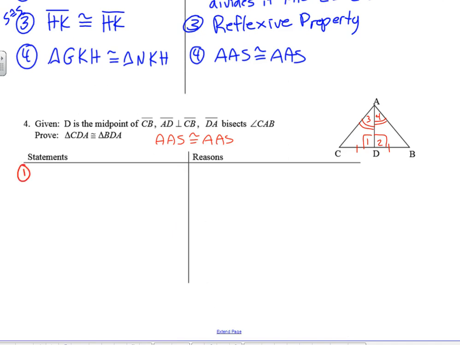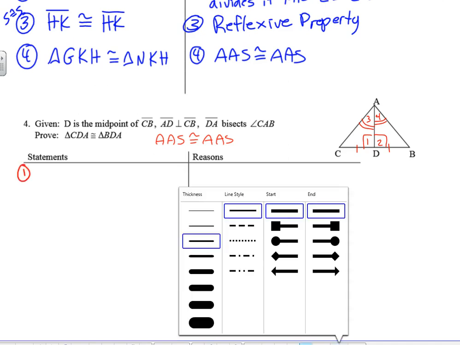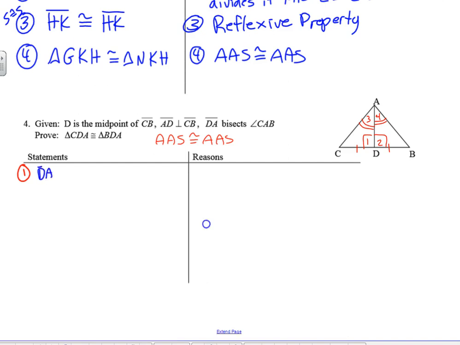I want a blue color. Okay, so I'm going to start off by bringing in things with a little bit different timing, just to keep you fresh, because not all the givens have to come in at the same point. So I'm going to say that this is DA bisects angle CAB, and that's given. Some people teach to bring the givens in when you use them.